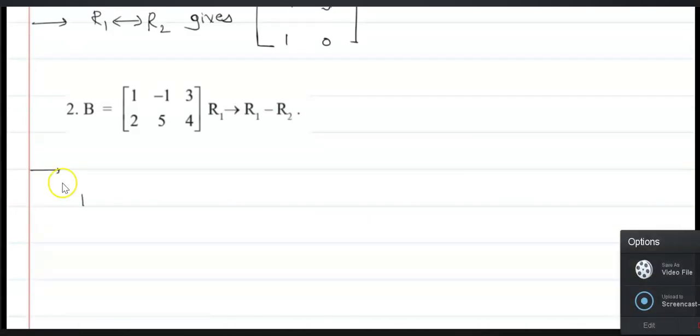Now the second example, B is 1 minus 1 3 2 5 4. This transformation indicates that R1 changes to R1 minus R2. It means that from the first row we subtract the second row.